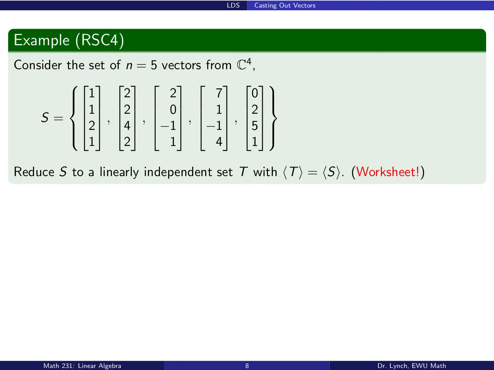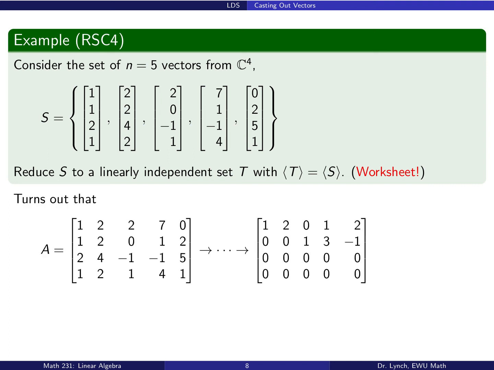So I'll let you work on this on the worksheet. Here's an example of 5 vectors from C4, right? Of course, 5 vectors from C4 must be linearly dependent. Okay, so in order to methodically cast out extra vectors, we'll go ahead and rewrite a matrix A where the columns are the vectors.